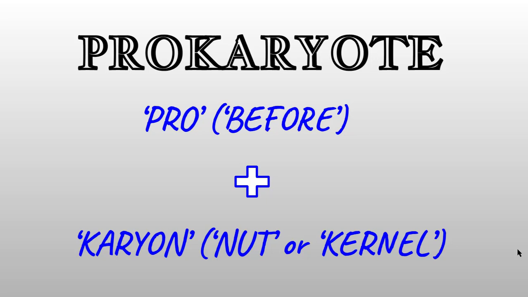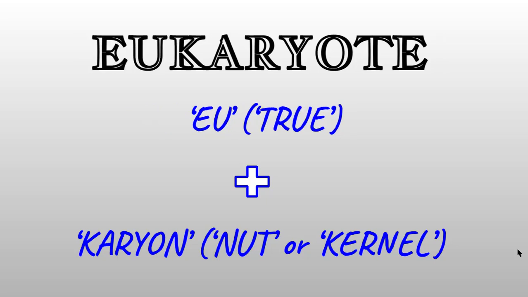The nut referred to here is the nucleus, which is absent in prokaryotes. The term eukaryote comes from the Greek eu, as in true, and karyon again with the same meaning. And as you probably have already figured out, the nucleus is present in eukaryotes.